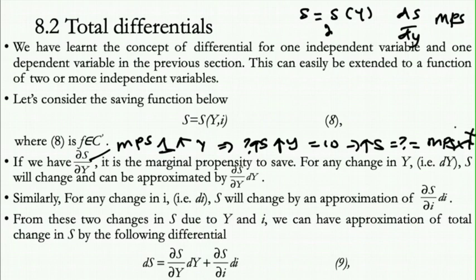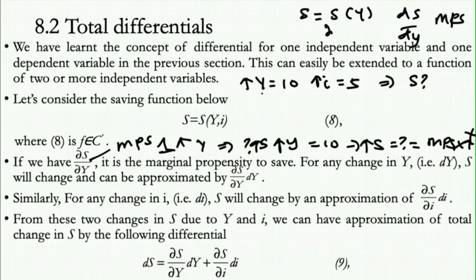But it's not only income that can affect saving; like I said earlier, interest rate can also affect saving. So we want to see both changes. Let's say the question is, if there is an increase in income by 10, and interest rate also increases by, let's say, 5%, what happens to saving?